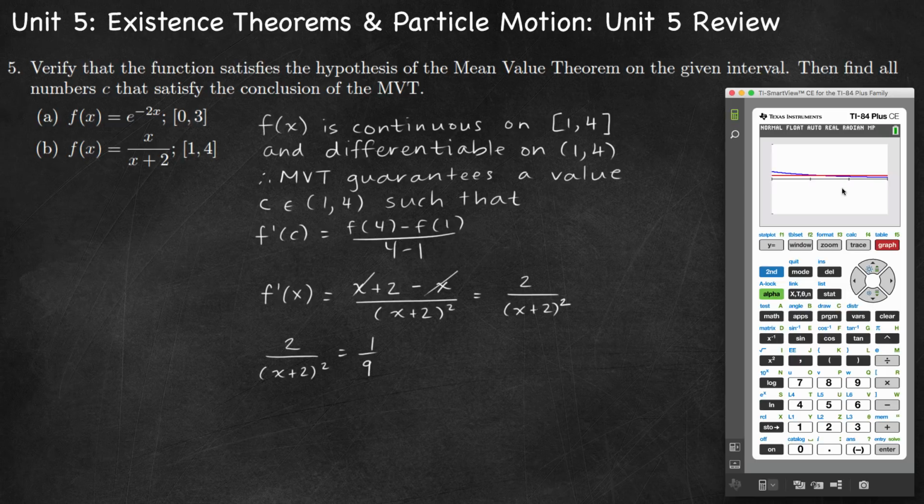Okay, still not fantastic, but it works. I'm going to get that point of intersection. And I get 2.243. That is between 1 and 4, so that's the c value that I'm looking for.